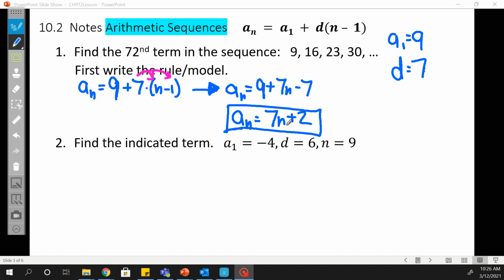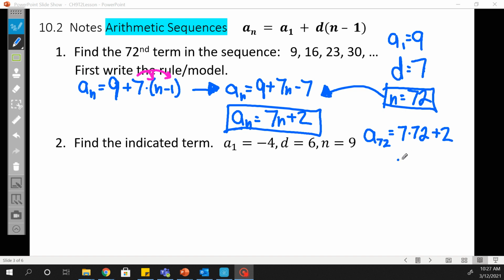So if I want to find the 72nd term, that would be when the term number n is equal to 72. So I just need to substitute 72 into n in my sequence. So I would have a sub 72, so that's the 72nd term, is equal to 7 times 72 plus 2. 7 times 72 is 504, plus 2 is 506.